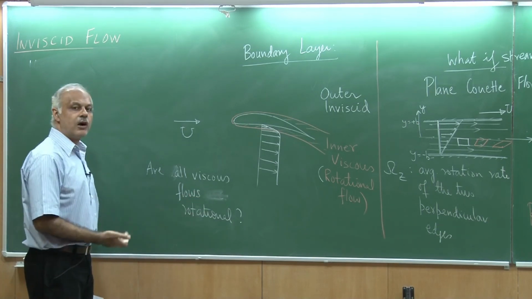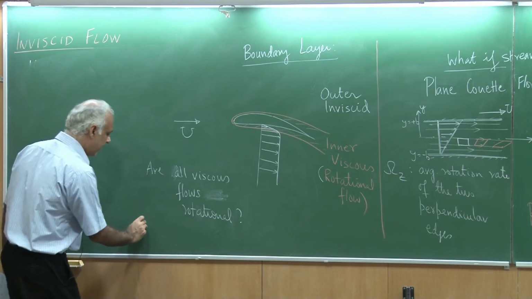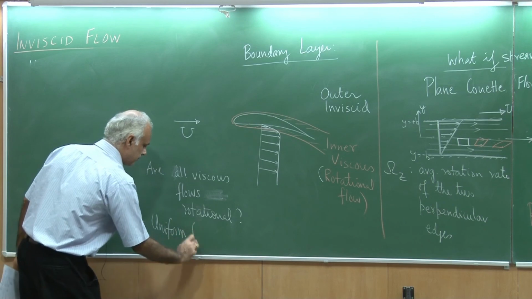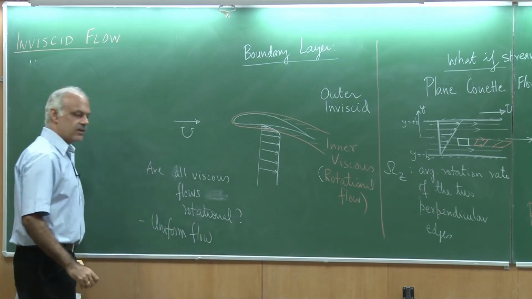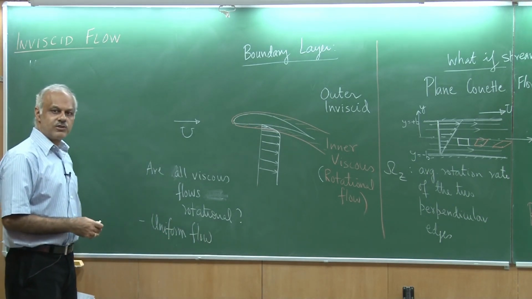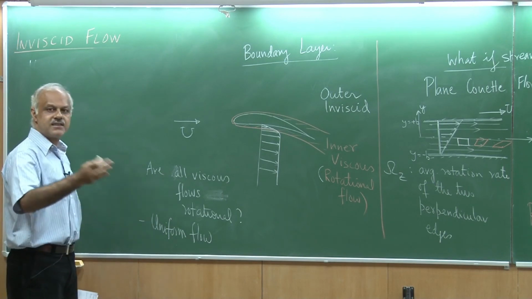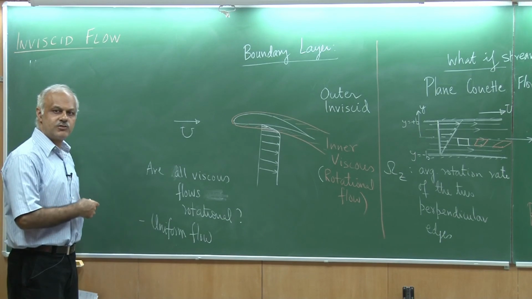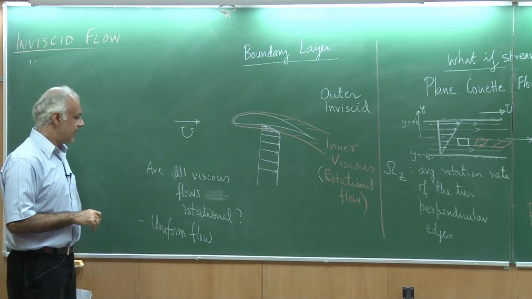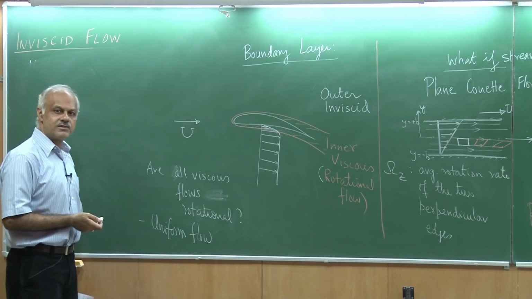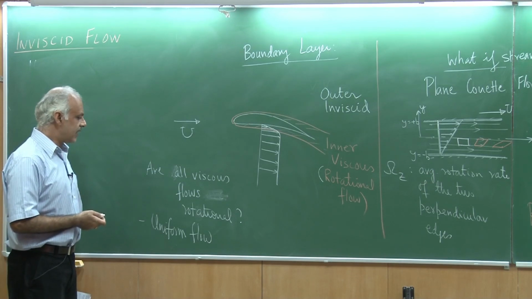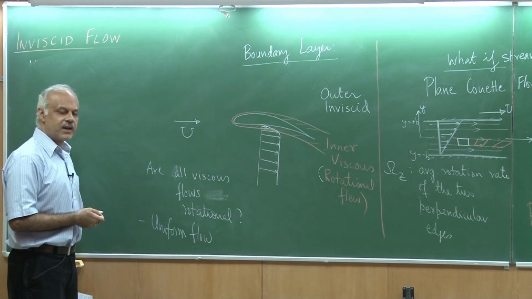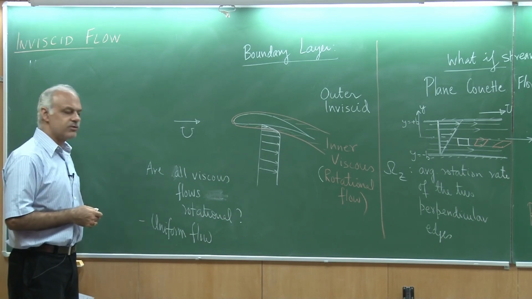And I can give you a counter example. What if I had a uniform flow? So, I could have a uniform viscous flow. There is a breeze and there are velocity vectors aligned to each other, and it is a uniform breeze everywhere, and there is no gradient in the flow, and you can then argue that there would be no rotation because omega you can actually calculate would be 0.